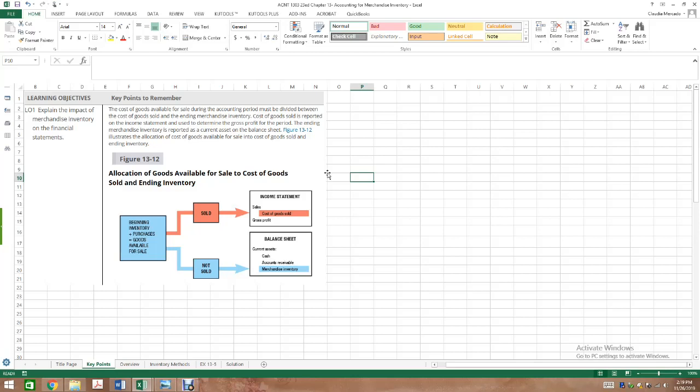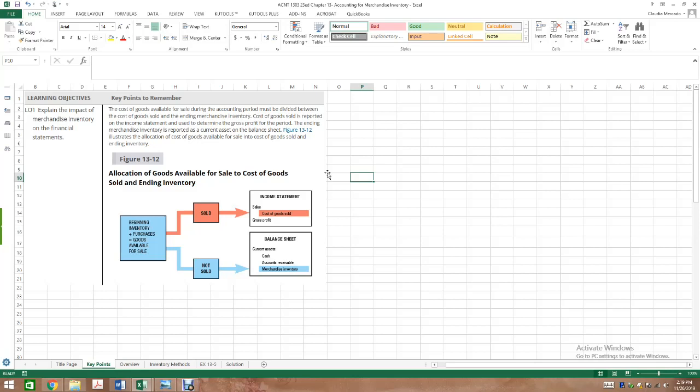Let's say you buy a dining room table that costs you $500. You have to record that when you purchase it. Then when you sell it, you're going to be selling it at a higher price. That's how you make a profit, right?